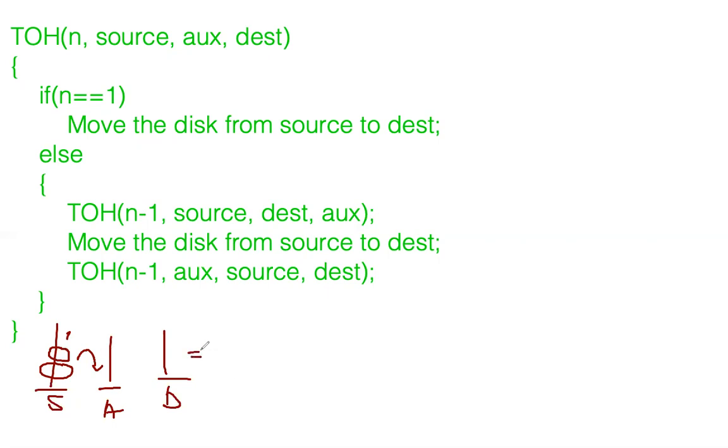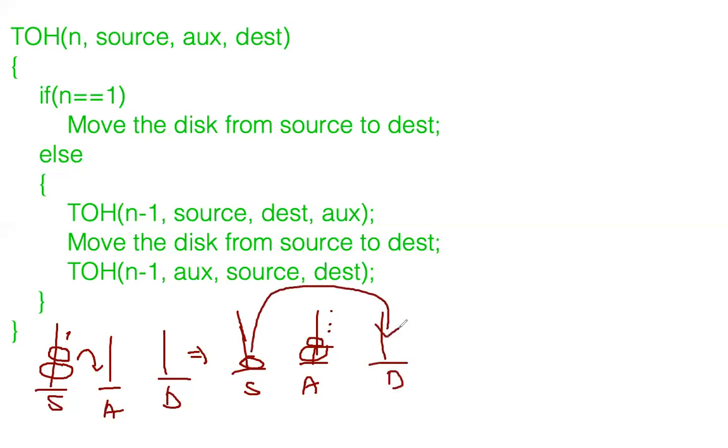And what we will be left with after this is only 1 disc at the source, and all the n-1 discs at the auxiliary, so that we can move this to the destination. So this is this step.